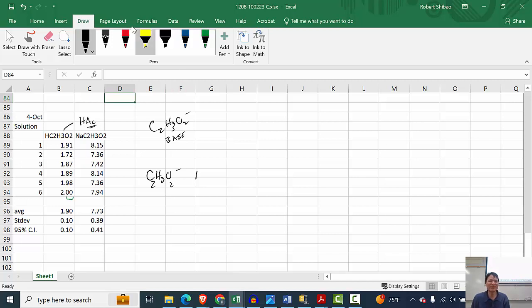actually, let me do it this way. That's a lot to write. And so we're going to call acetate AC minus. It's an abbreviation for acetate. Plus water yields what? So what are we going to form in this case?